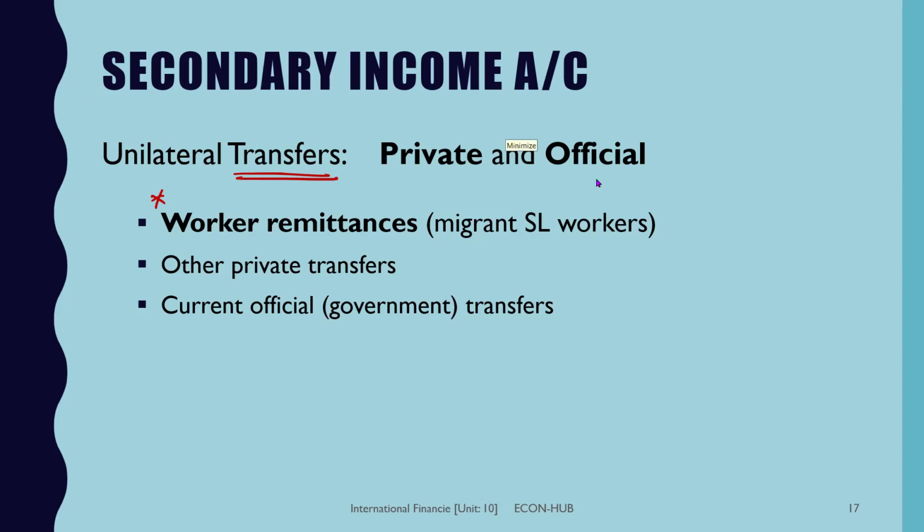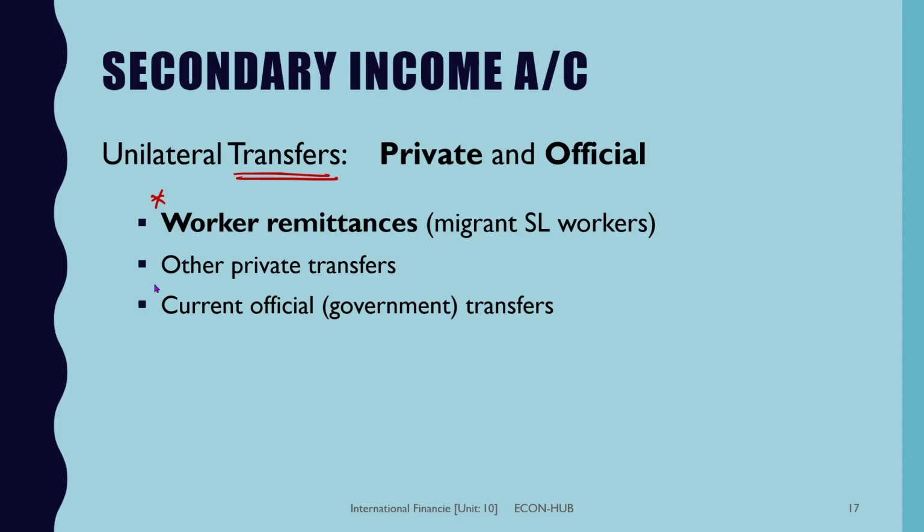Right. Then, migrant worker remittances. Sri Lankans who are working abroad sending money back to Sri Lanka is, after exports, our biggest foreign currency inflow. I'll repeat, after exports, our biggest foreign currency inflow comes from worker remittances, Sri Lankans sending money back to our country for their dependents.